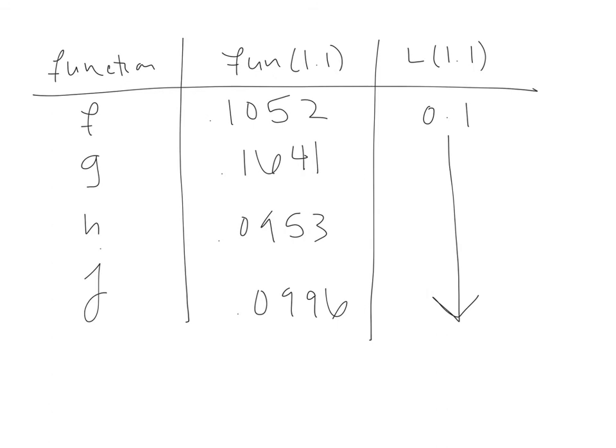And it appears that we have a big error at some places and smaller error in others. So if we examine the change between 0.1 and all of these, absolute, because we're just looking at error, distance away from the true value.